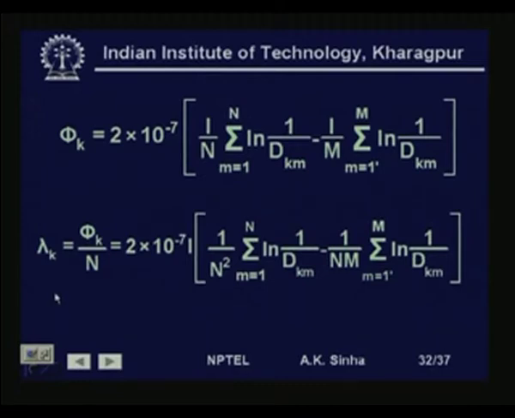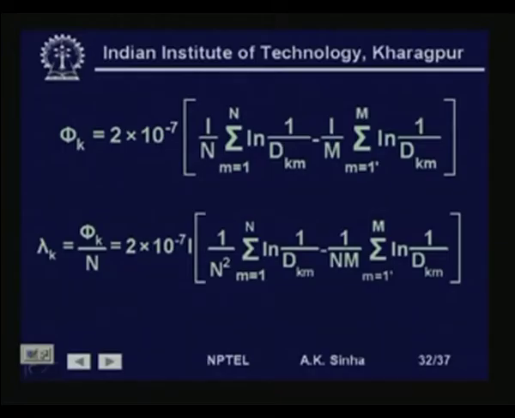Now, what is the flux linkage of this conductor? The current flowing in this conductor is I by n. So, the total flux linkage of this conductor will be 1 nth of the total flux. So, phi k by n is the flux linkage of this conductor.